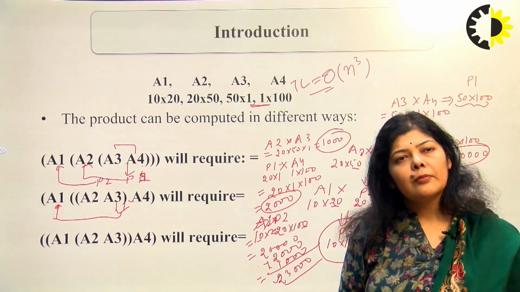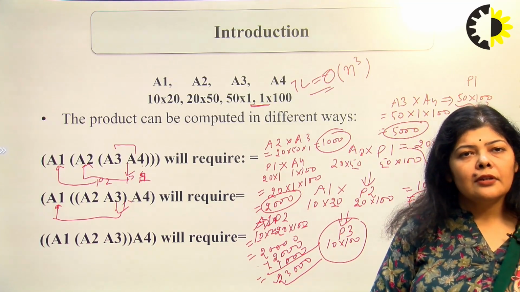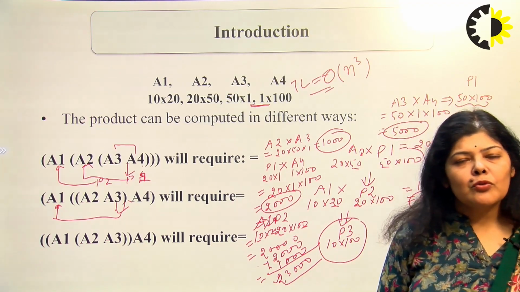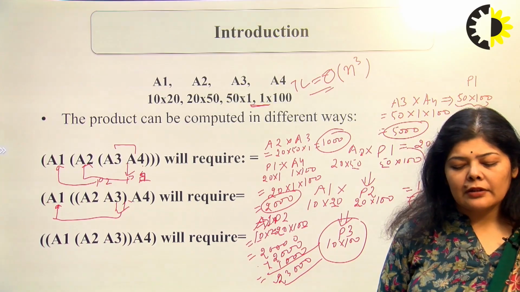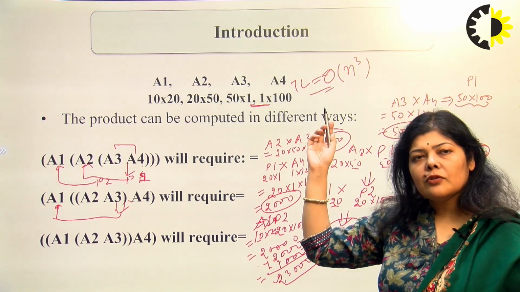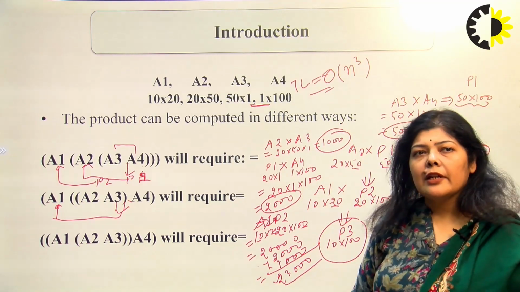The scalar products will be equal to n cube, right? N is the dimension. Or I can say that the algorithm that computes the multiplication of two matrices is going to have the time complexity of order of n cube, right?